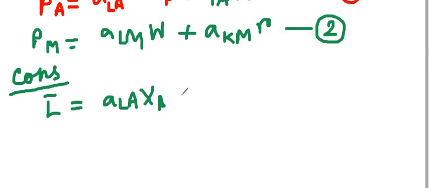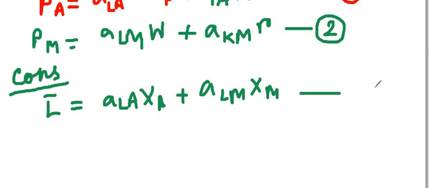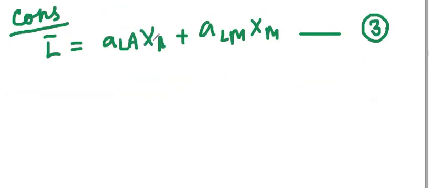Essentially this equation gives you the idea that labor is mobile between the agricultural sector and the manufacturing sector, and that gives you the labor balance equation, which is the third equation of our 1971 setup.